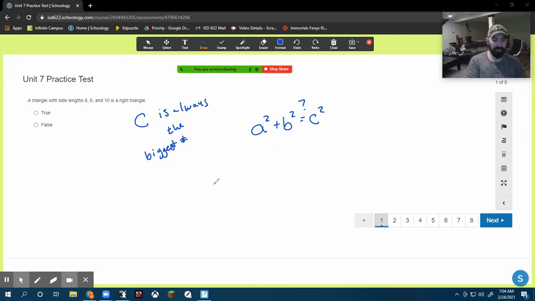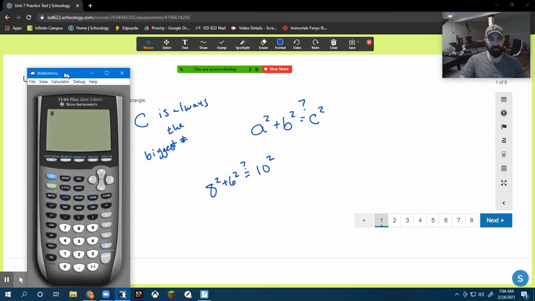So we're going to see then, does 8 squared plus 6 squared equal 10 squared? A and B, it doesn't matter which one's which. You just pick one for each one and go. Just remember that C is always the largest number.